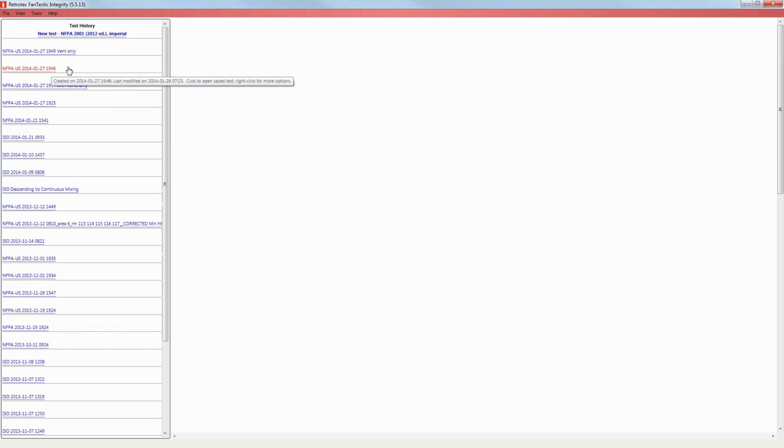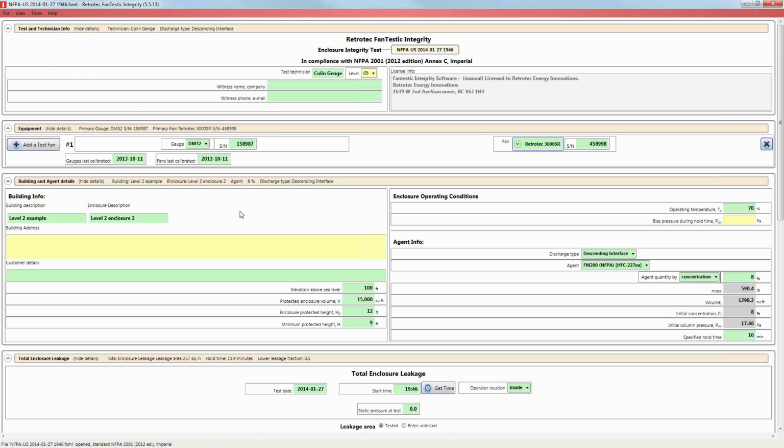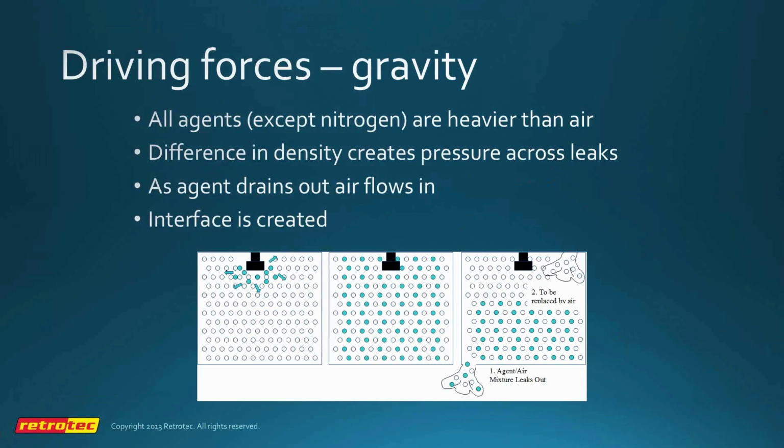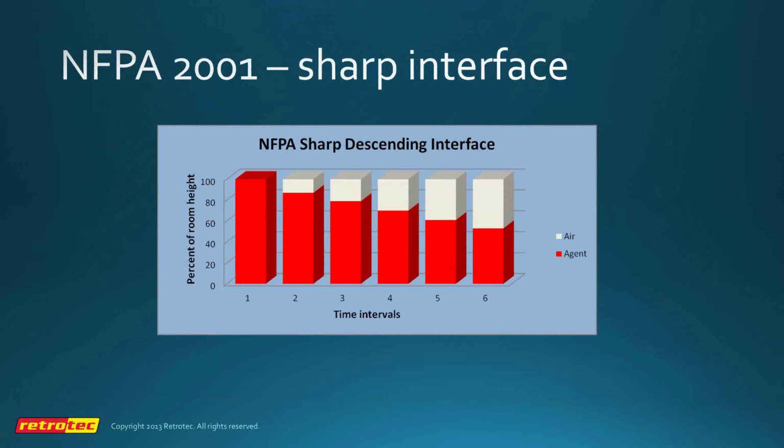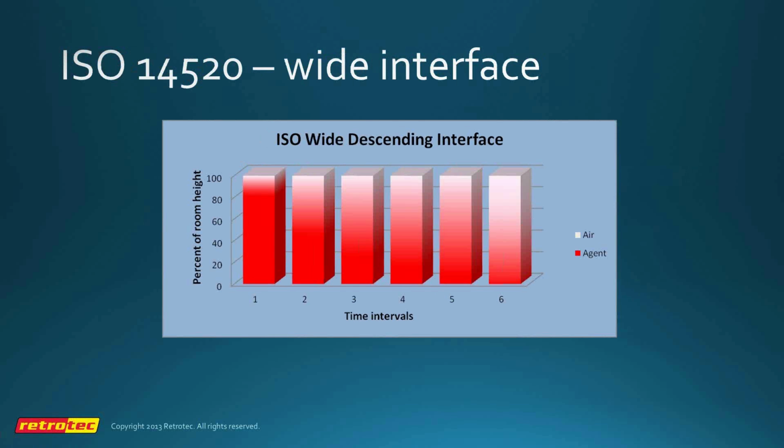So this is a test that I performed earlier. We'll just click on this real quick. I'm going to run through the different screens that you see here. Oh, incidentally, I did talk about the sharp interface, where we've got agent in red, air in white, and you can see it's a clearly defined interface, much like water in a cup with air above, water below.